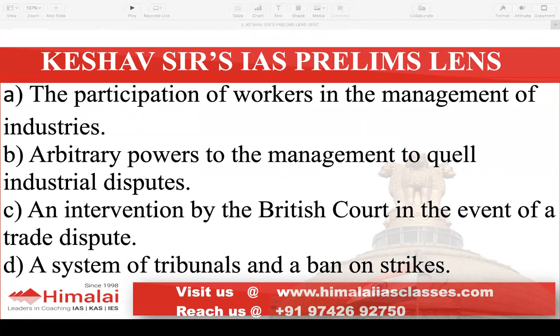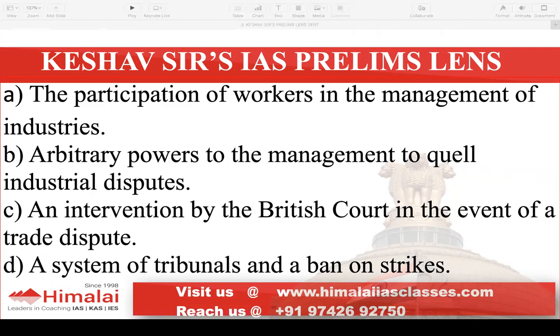So definitely the Trade Disputes Act of 1929, the intention of the British was to have a ban on the workers' strikes. And they wanted to have a system of tribunals so they can amicably solve the dispute and carry on with the work of the industries and the factory. They did not want any disruption in the work.